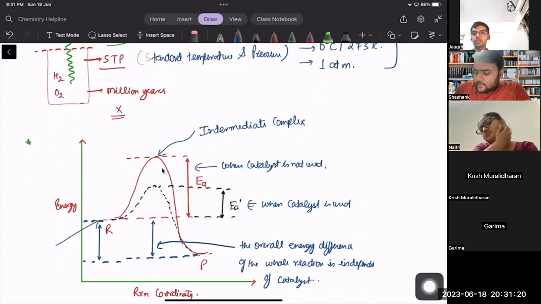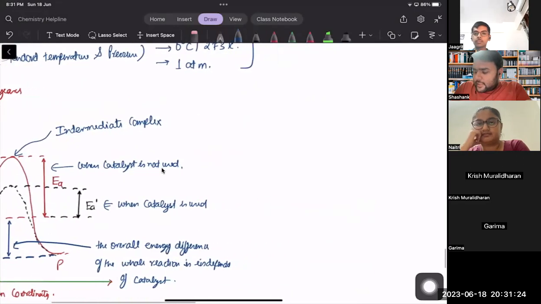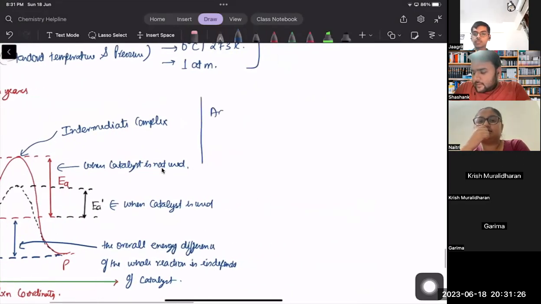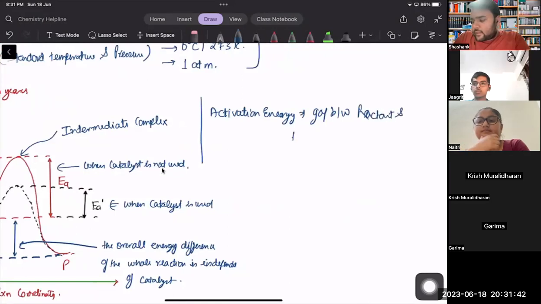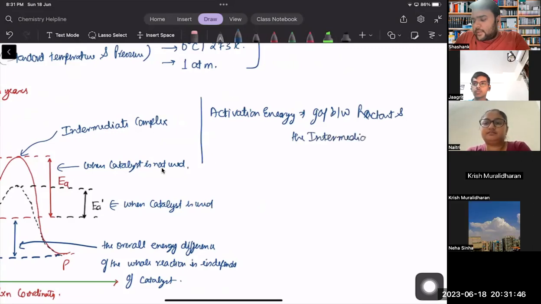This part here is your reactant, and the activation energy is basically the gap between reactant and the intermediate complex. I'll explain in a very simple term.